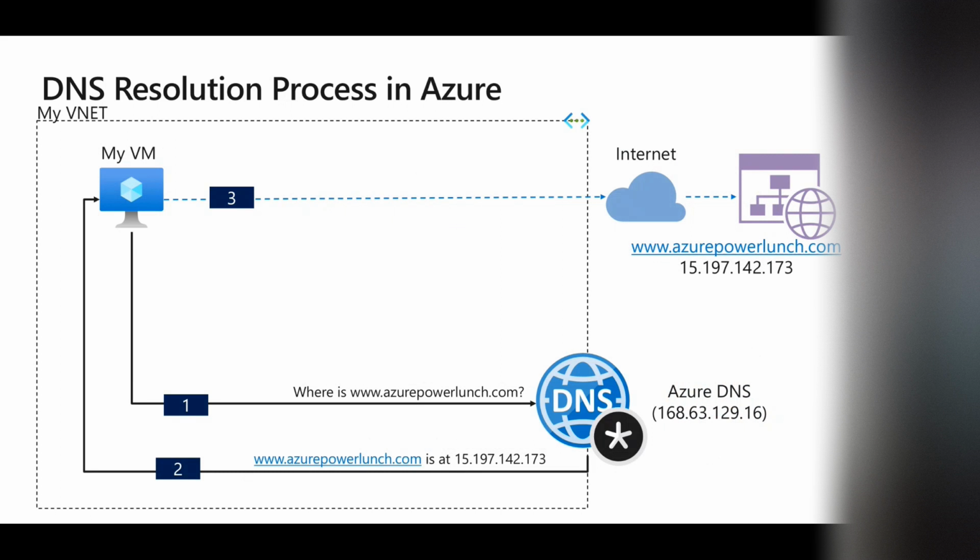How it works in Azure. Azure has a global DNS address, which I think everybody knows about: 168.63.129.16. If you are running a service or a VM in Azure, let's say in a virtual network, and you do the same thing, it will go to the Azure DNS, and it may go through a chain or whatever it does.